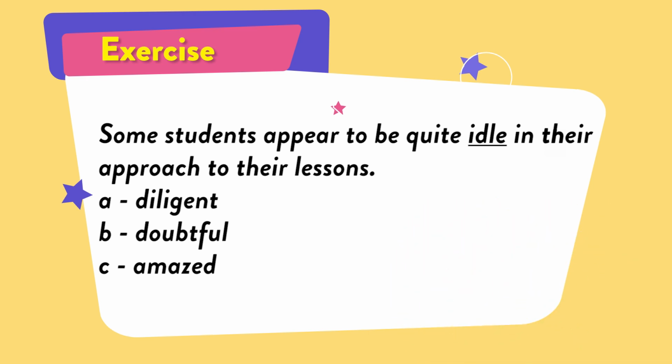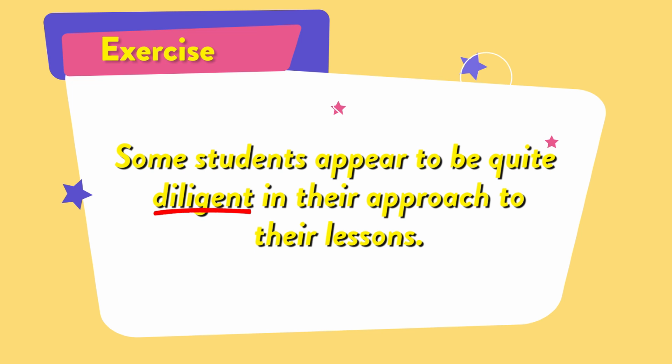What do you think is the antonym of the word idle? Yes, and that is how you're supposed to be. Diligent. The opposite of idle is diligent. So the new sentence would say, some students appear to be diligent in their approach to their lesson.